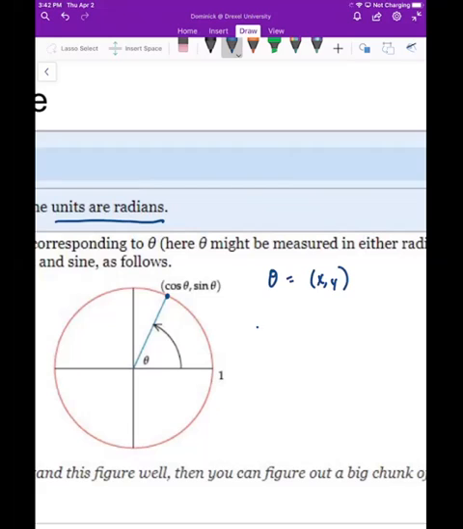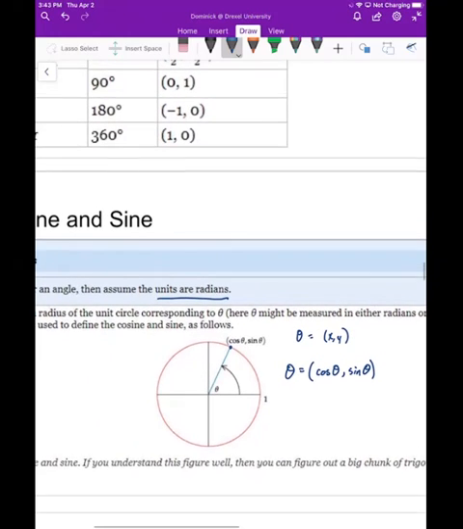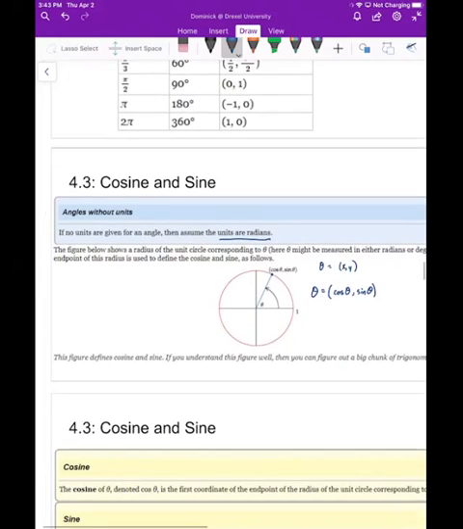Whatever point that is, we're going to define the x value to be the cosine of that angle and the y value to be the sine of that angle, okay? Now, if you can understand this relationship, that the x value is represented by cosine of theta and your y value is represented by sine of theta, that is a big part of the battle of trigonometry.